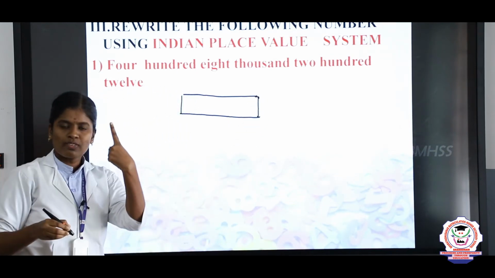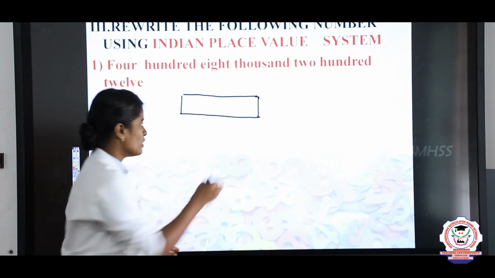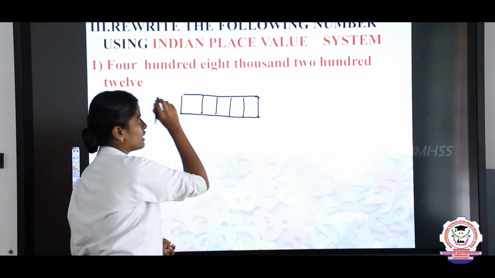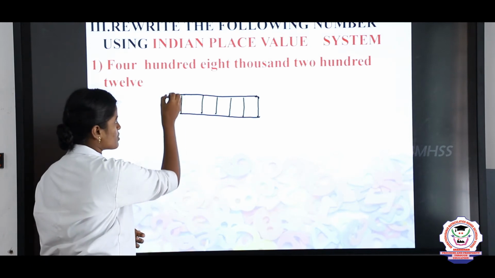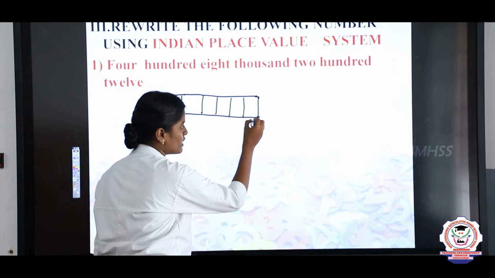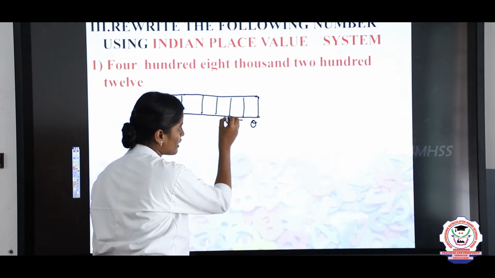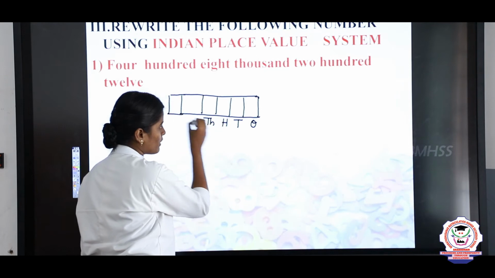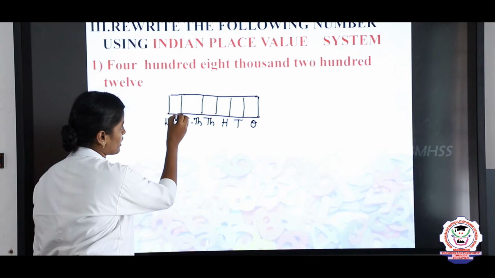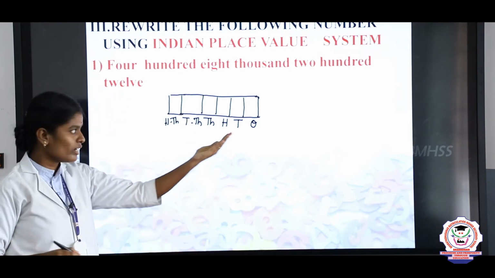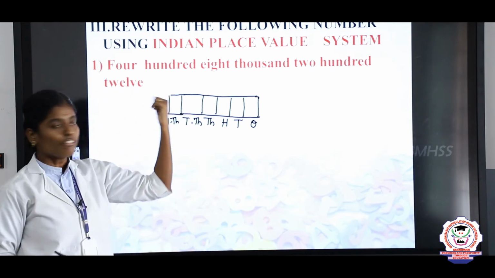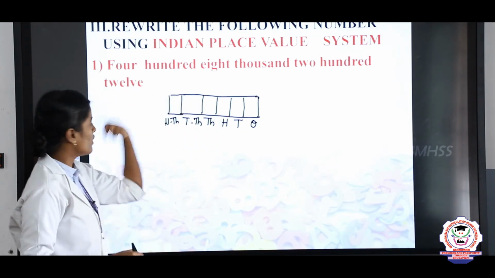So what is the first box value? The first box is ones. So write ones, tens, hundreds, thousands, ten thousands and finally hundred thousands. Then the question is 408,212.